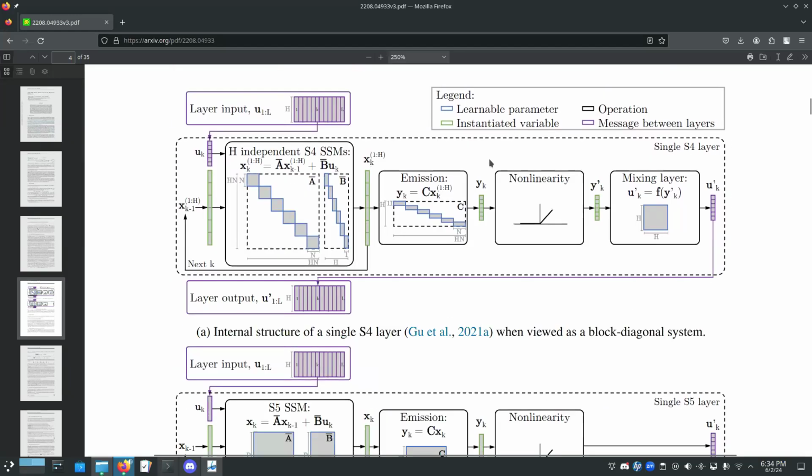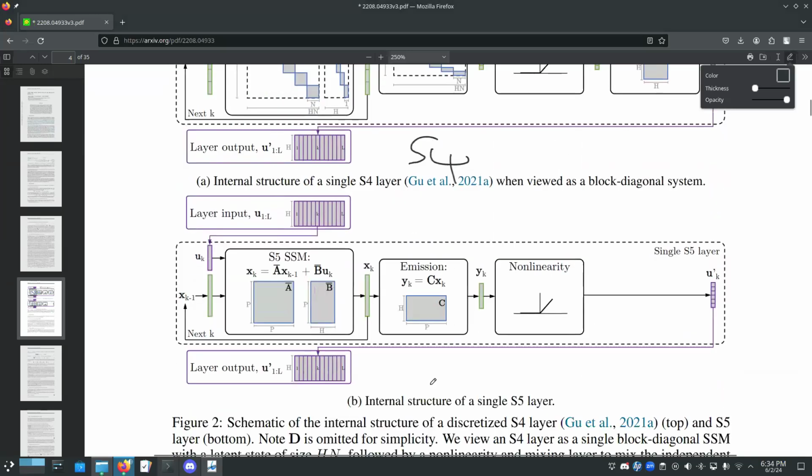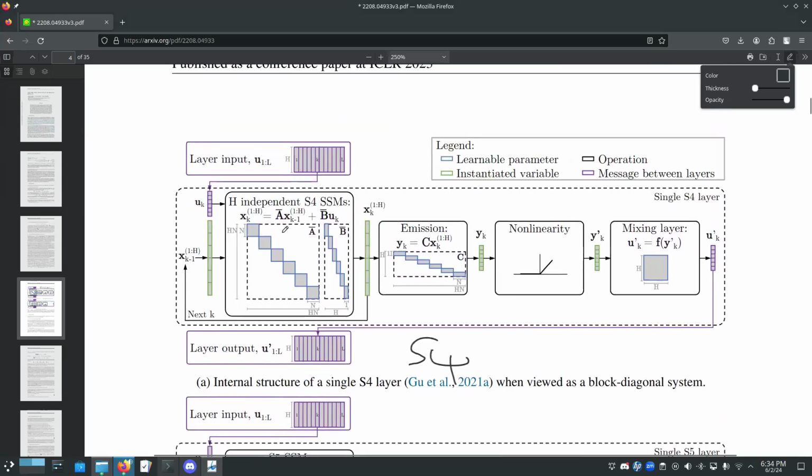Okay, I'll start from here. This is S4 and this is S5. On S4, as I told, it was based on diagonalization. You diagonalize it, with some kind of parameters, let it be an nn parameter for simplicity.